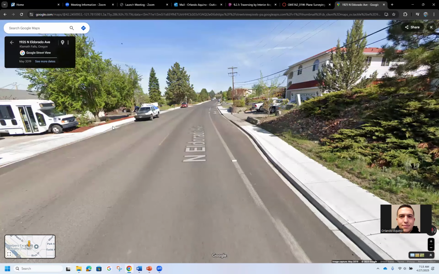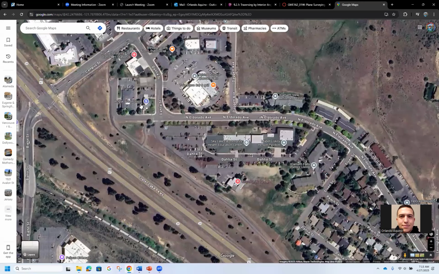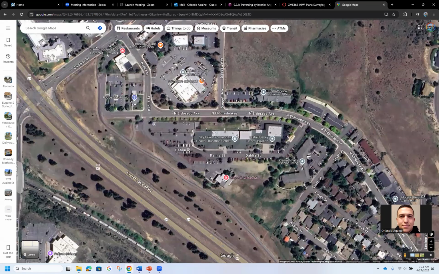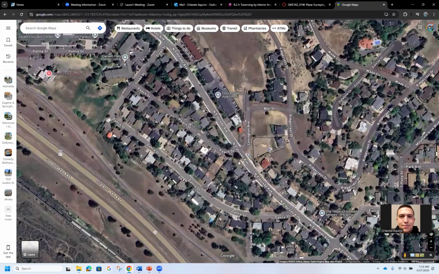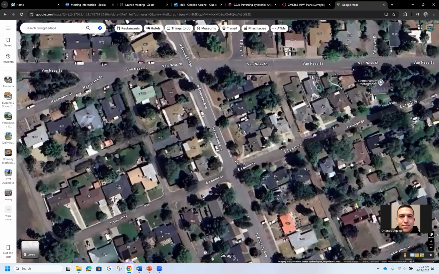So again, I had to do a topographic survey starting on this western end of El Dorado, through this whole thing, all the way down to, was it Van Ness or Lowell? I can't remember.